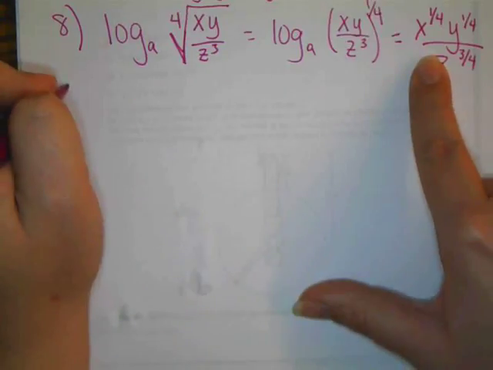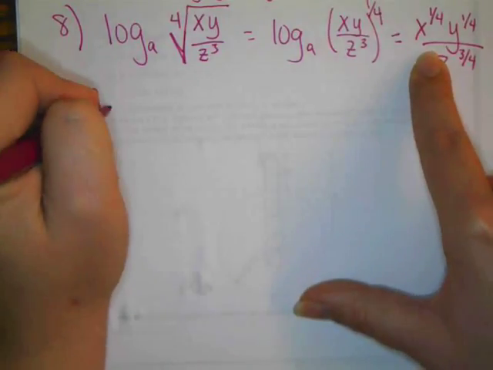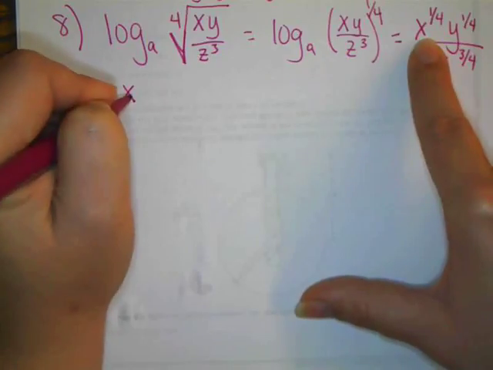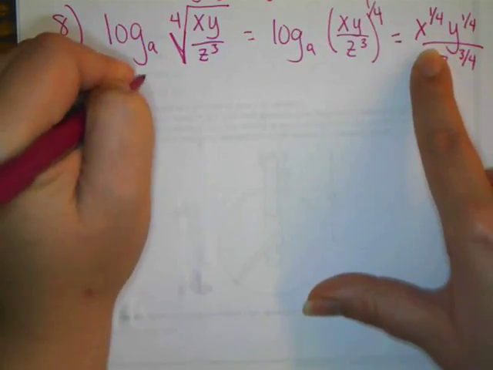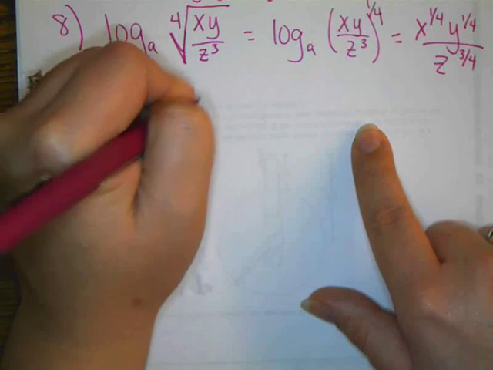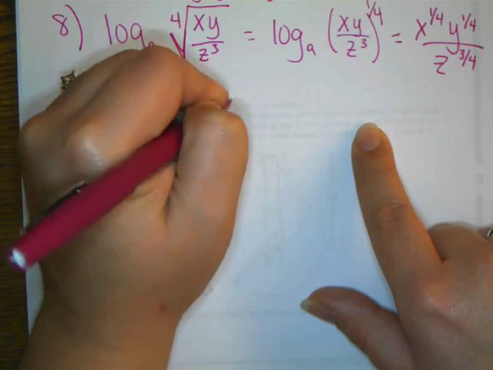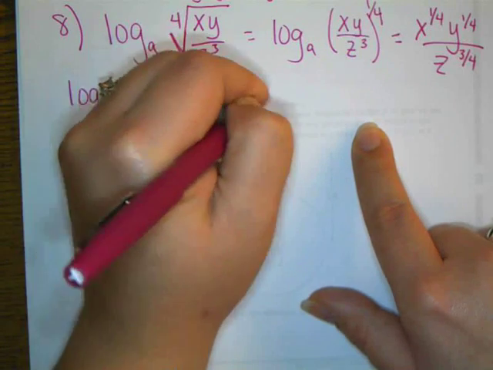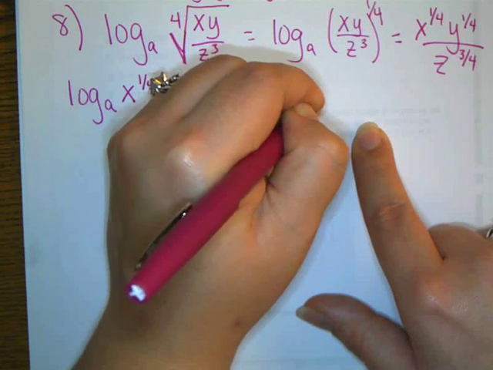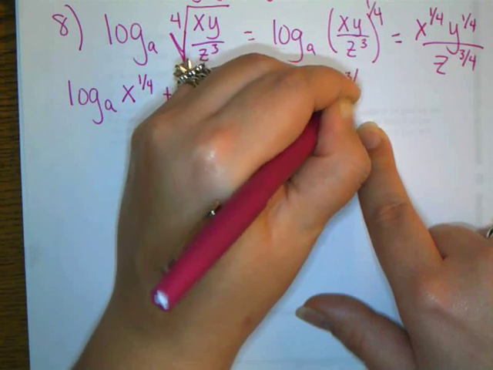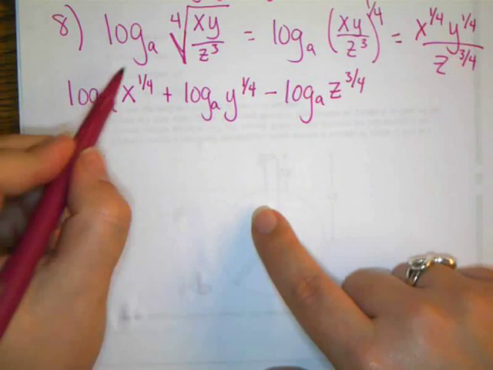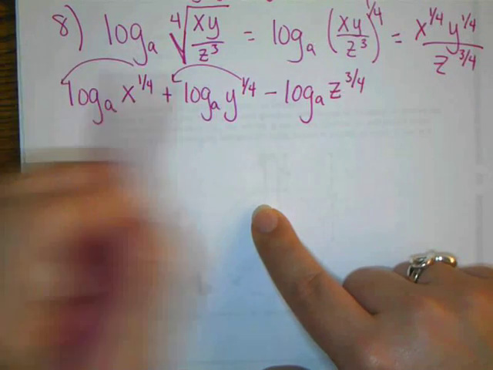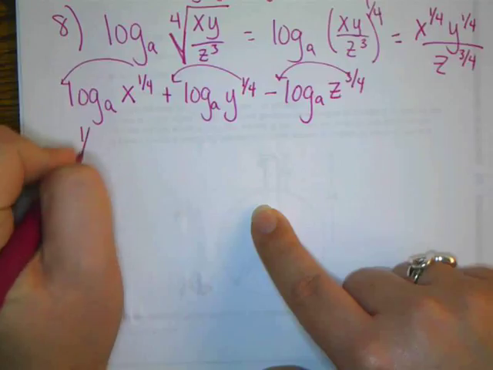So now we have log base A of x to the 1/4 plus log base A of y to the 1/4 minus log base A of z to the 3/4. And then just go through and move all your exponents out front.